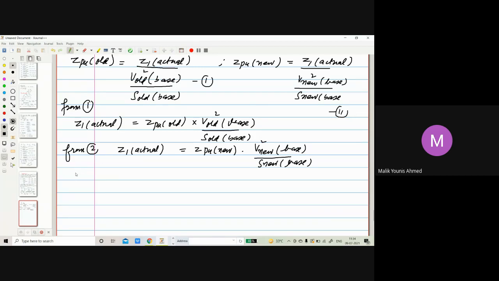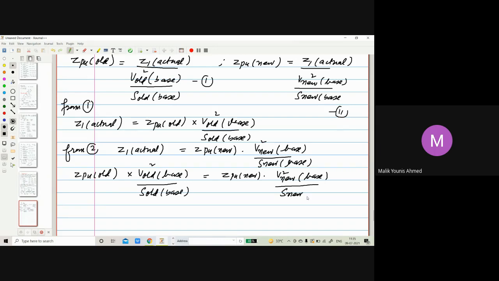So I will write Z per unit old multiplied by V old square base divided by S old base will be equal to Z per unit new multiplied by V new whole square base divided by S new base.